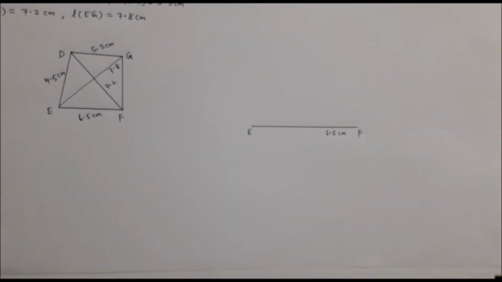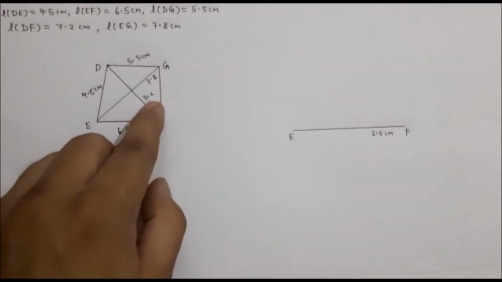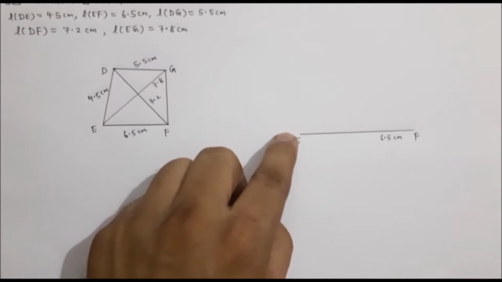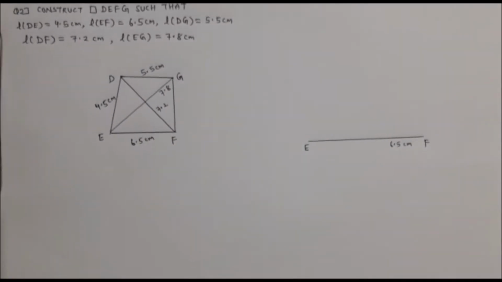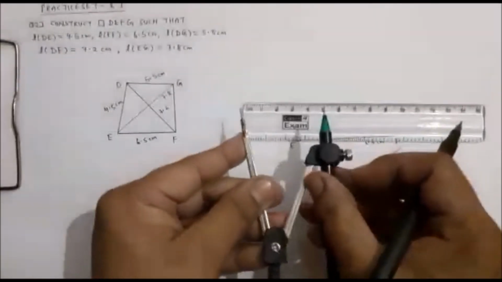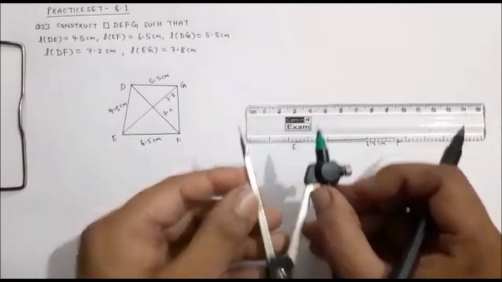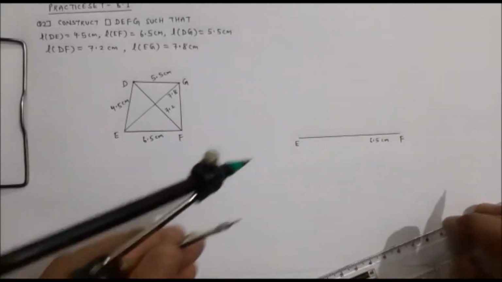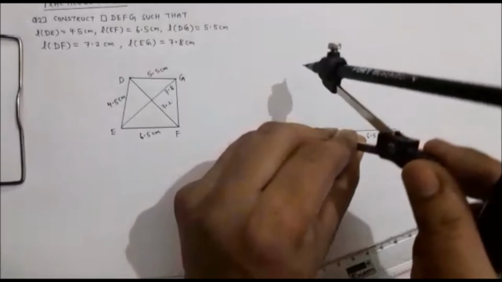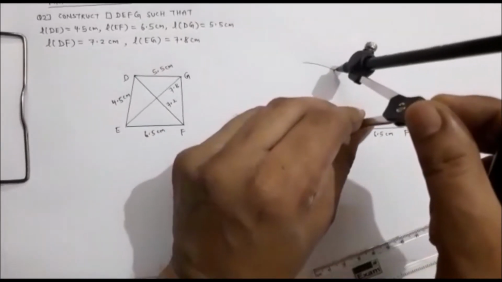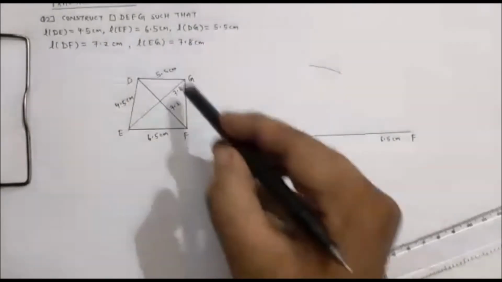Now you can see ED 4.5 and DF 7.2. From E you will cut an arc of 4.5 centimeter. Take distance of 4.5. Okay, take distance from here. You cut an arc of 4.5 centimeter. Okay, and from F to D it is 7.2.